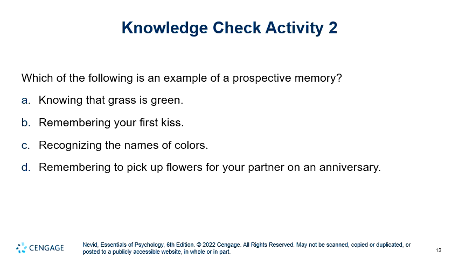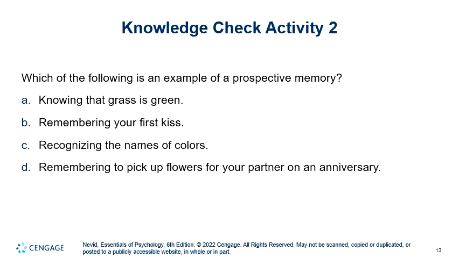It's time for another knowledge check. So, which of the following is an example of prospective memory? Would it be A, knowing that grass is green? Or can it be B, remembering your first kiss? It could be C, recognizing the names of colors.